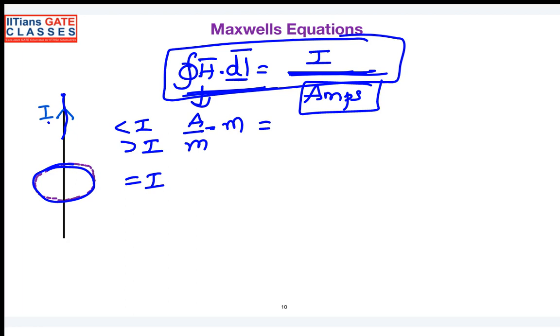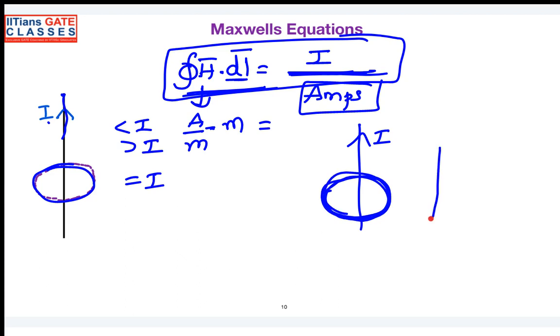Because it's the same loop, sir. Means I didn't get you. Because the current through the loop will always be the same, it will not change in one loop. What is the meaning of that? See, suppose we have a current carrying element, you know that the magnetic flux is developed in all directions, and you have taken the full line integral.